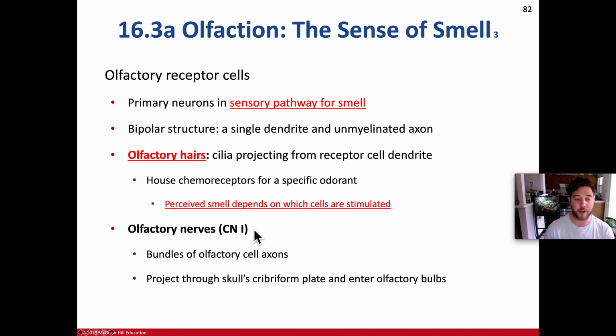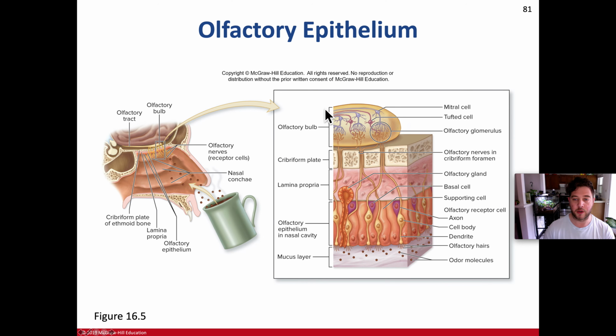Your olfactory nerves, your cranial nerve 1, are bundles of olfactory cell axons that project through the skull's cribriform plate and enter the olfactory bulbs. So you have your olfactory bulbs, your cribriform plate, and then these projections of the olfactory nerves going into the cribriform plate, extending into the olfactory receptor cells.